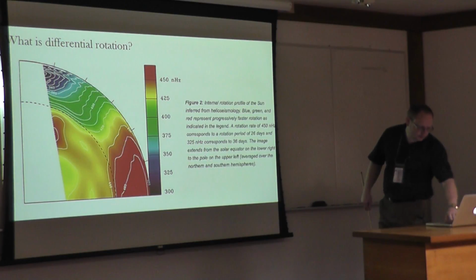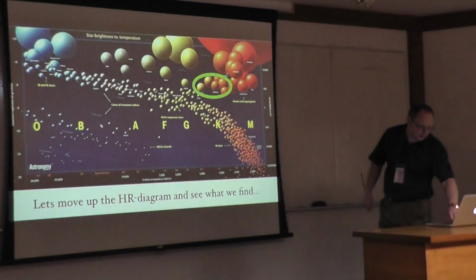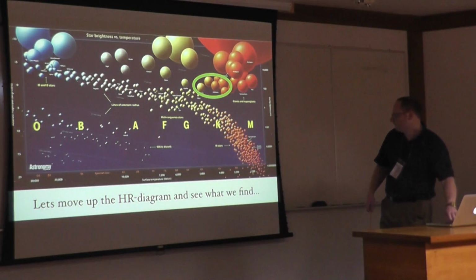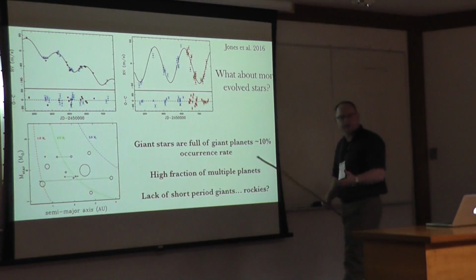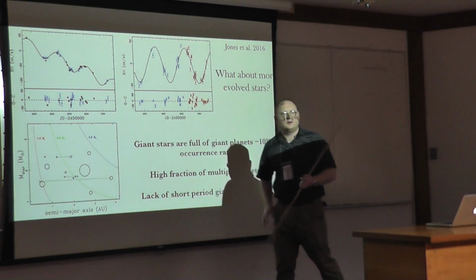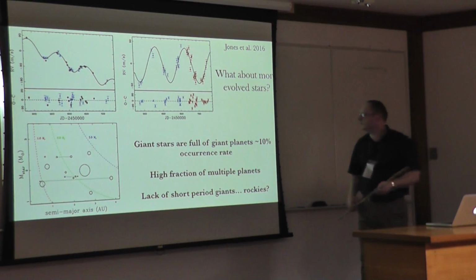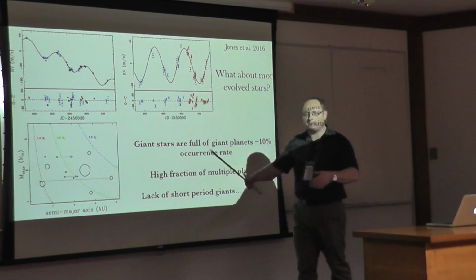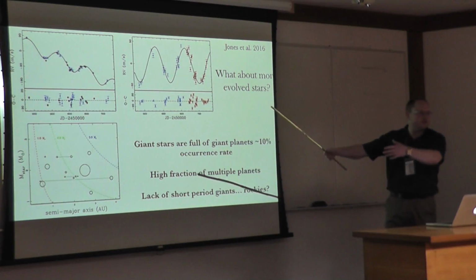So since I've only got half an hour and I'm halfway through, I'll skip some basic things. Now let's move up the HR diagram and see what we find. I said that we've been looking at the Sun-like population. What about stars that are more evolved? What about things that were a bit more massive on the main sequence, like the A stars, and they've evolved across?